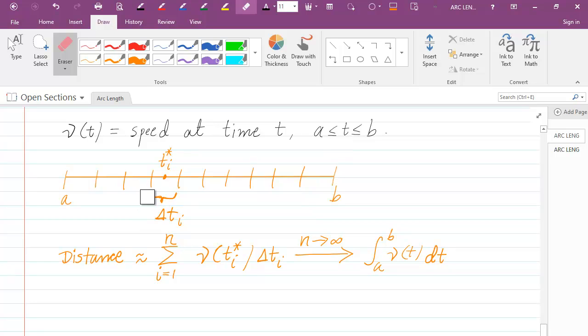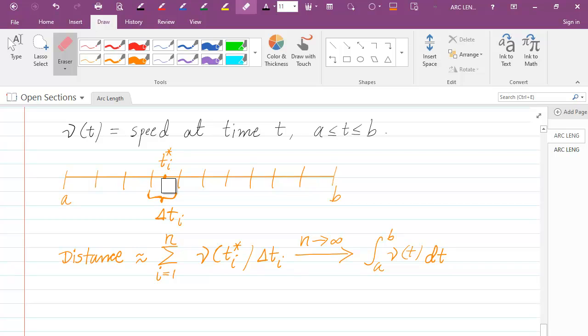Then to find the distance traveled from a to b, we divide the interval from a to b into n subintervals, or n subperiods. Let's say n is big, so each of these subperiods is tiny. Let's focus on one of the subperiods.